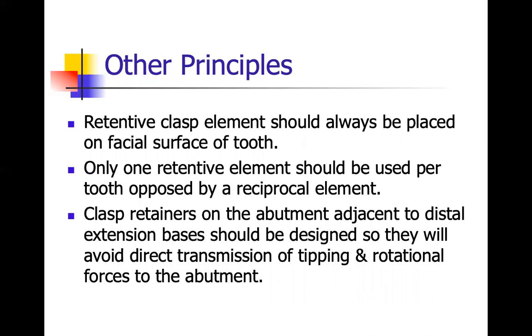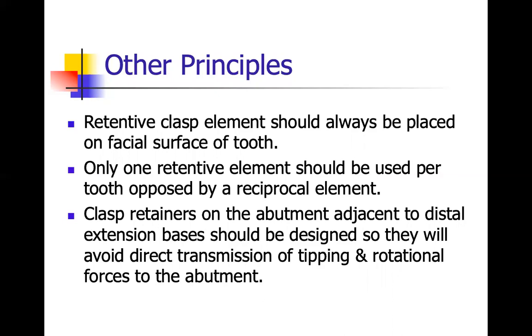Now, apart from the basic principles, there are few other principles which should be considered while fabricating the clasp. The retentive clasp element should always be placed on the facial surface of tooth.